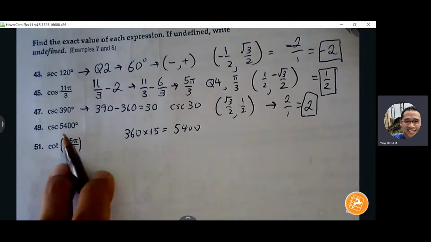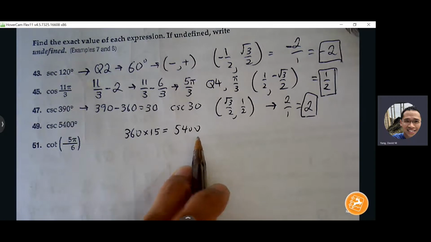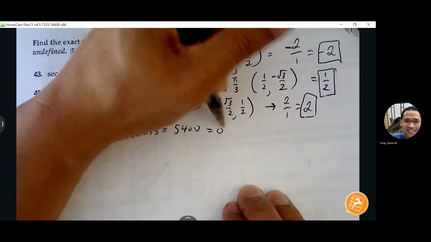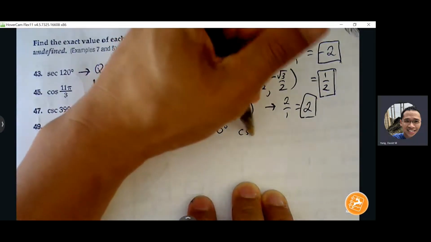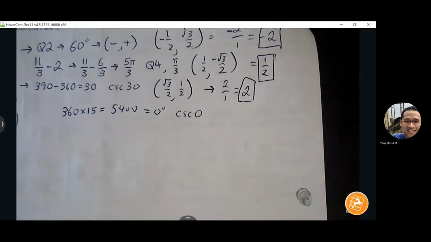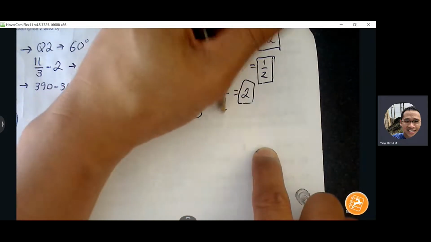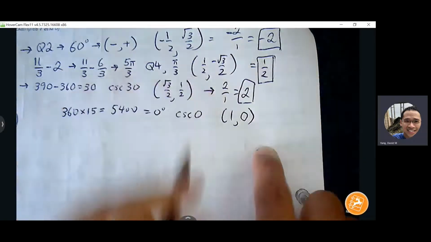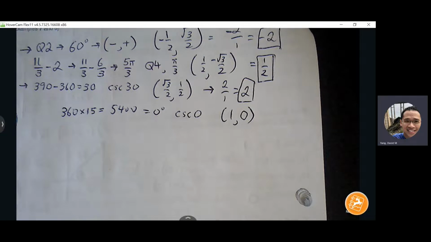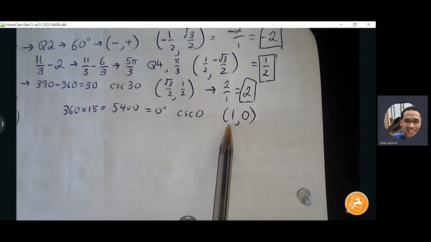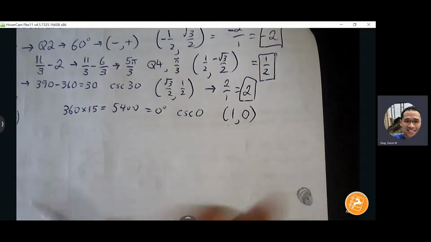So that means if I subtract 5,400 minus 5,400, that's really 0. So cosecant of 0, my ordered pair, that means I'm going to the right. So my ordered pair is going to be 1, 0, right? Positive x-axis, I move over 1 unit, I don't go up or down.